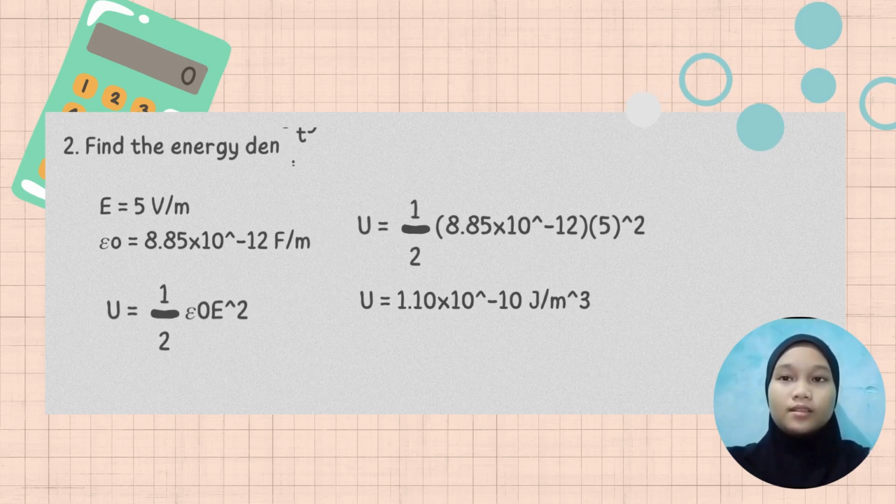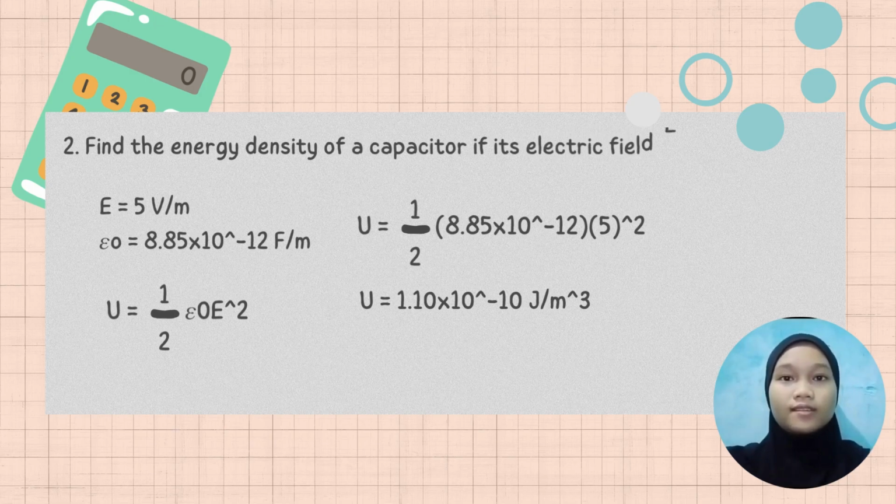The next example: find the energy density of a capacitor if its electric field E equals 5 V over m. This question gives us electric field E equals 5 V over m. As we know, the value of epsilon naught is 8.85 times 10 power of negative 12 F over m.